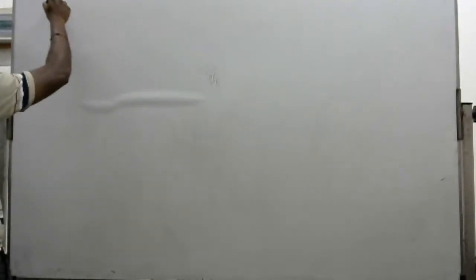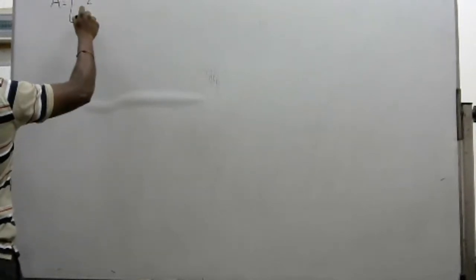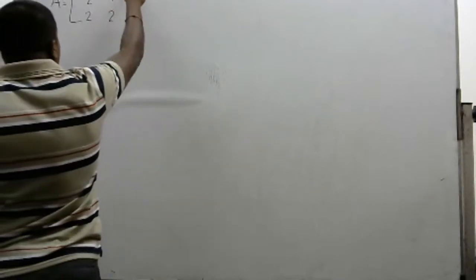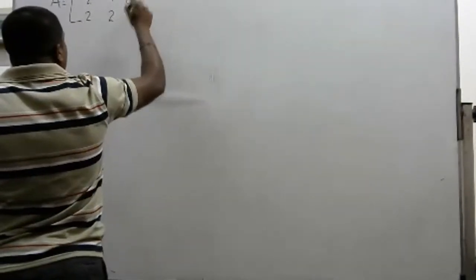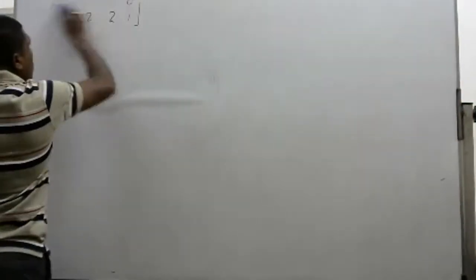Let me start with this A, with rows 1, 2, 2; 0, 1, 2; and 1, 0, 1.